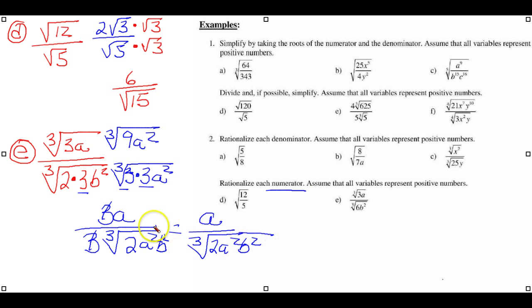That's much better. So we need to have our b squared in there as well. So the 3's would cancel out, and we have a radical in the denominator, but we have rationalized our numerator. Okay, let's wrap this up.